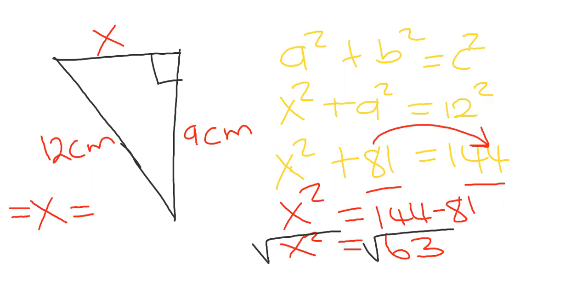Then the square root of 63 is going to give us 7.93. So that means your x is equal to 7.93 centimeters. So you do that for all your questions.